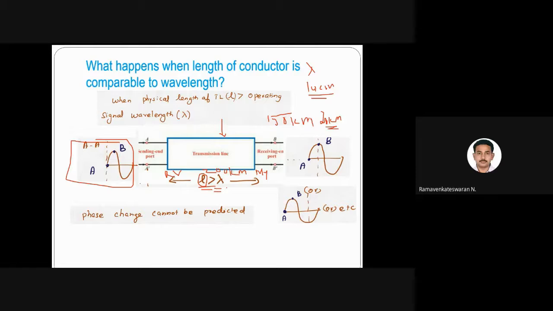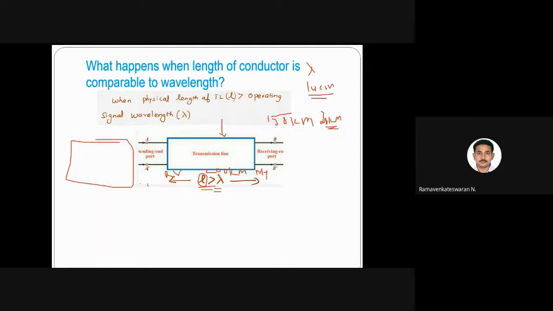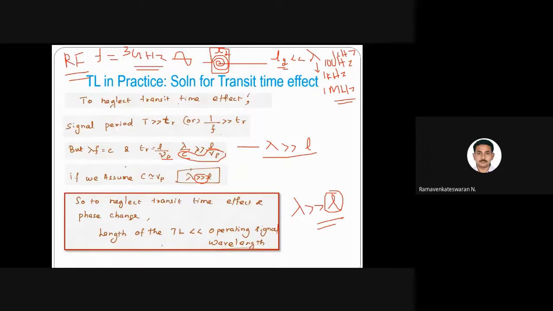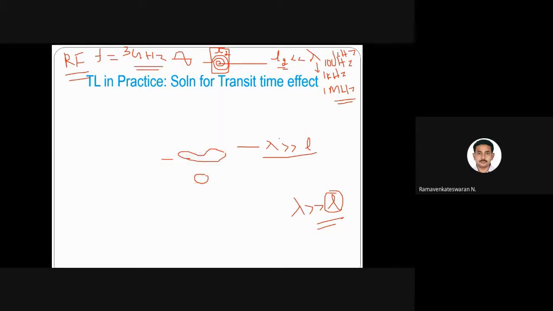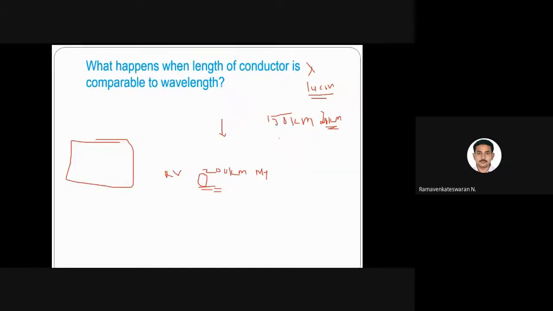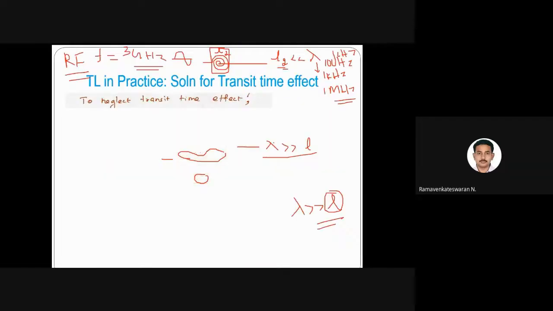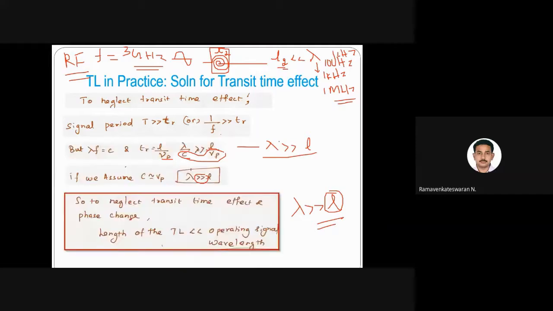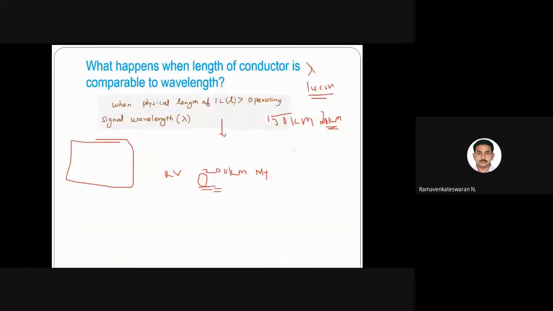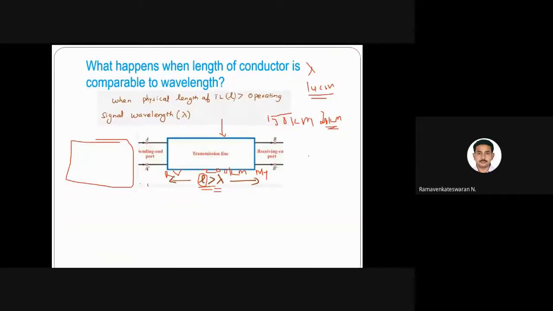So we have to live with that transit time effect in the transmission line, but it can be intelligently or effectively reduced for interconnects. For example, this transit time effect can be intelligently avoided by choosing the physical length to be less than lambda by 10.